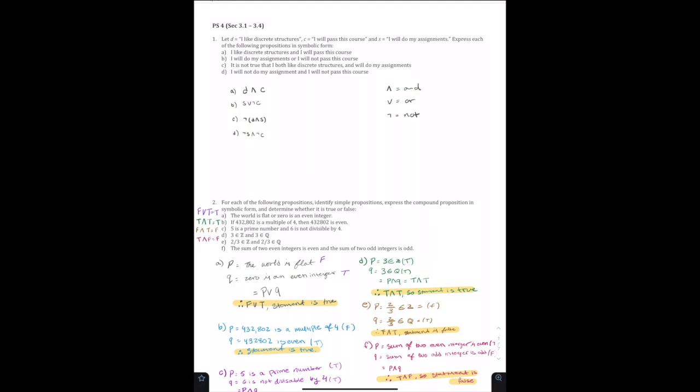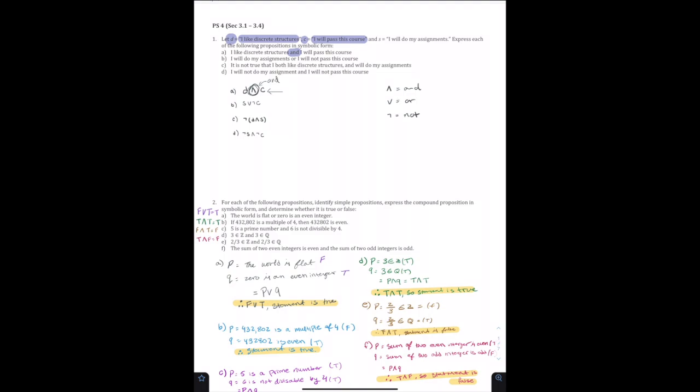As we can see, there is an and. I like discrete structures is D and I will pass this course is C. And that's how we write the symbolic form of the proposition, because this symbol means and.